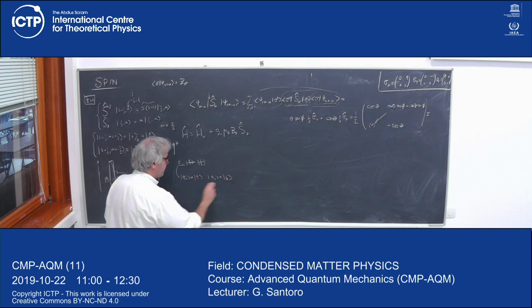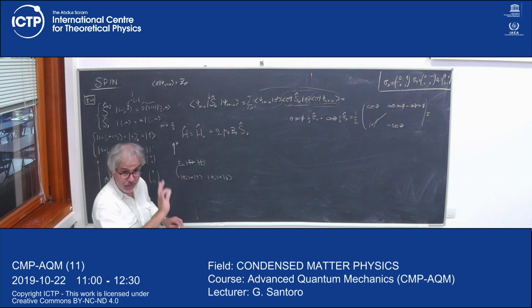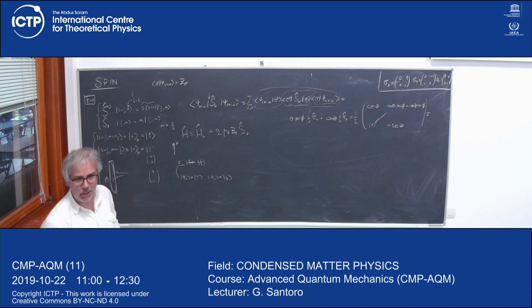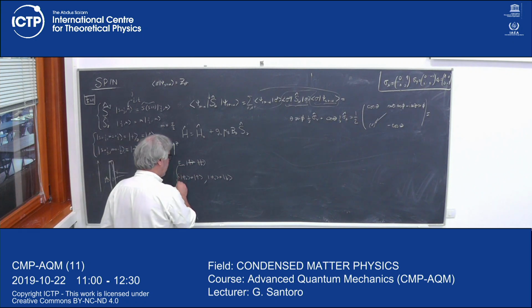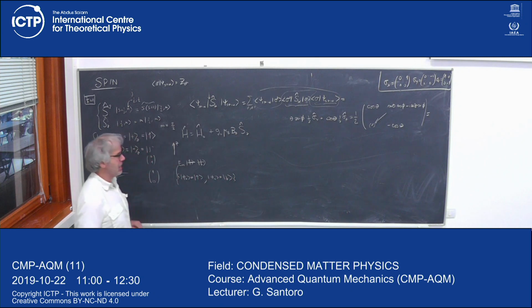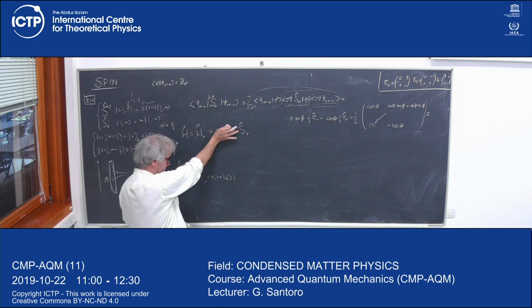Is it clear? These are two states. They are orthogonal. They are factorized, by the way. There are no spin orbitals before. Very simple things, but they are two. And they have the same energy, En, in absence of magnetic field.